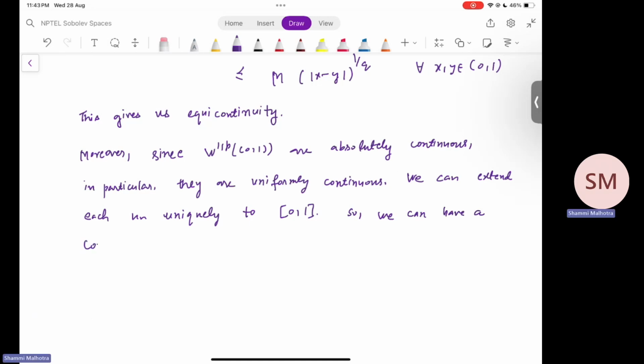So finally, we have a compact domain and a sequence of equicontinuous functions. All we need is to show that they are uniformly bounded.